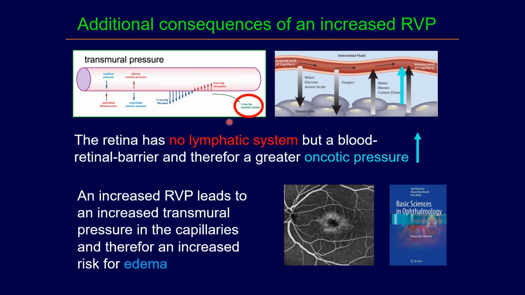The retina, however, has no lymphatic vessels, but does have a blood-brain barrier that allows a stronger colloid osmotic suction. If the retinal venous pressure increases, the transmural pressure of the capillaries also increases. This eventually can disturb the physiological balance and contribute to edema formation.